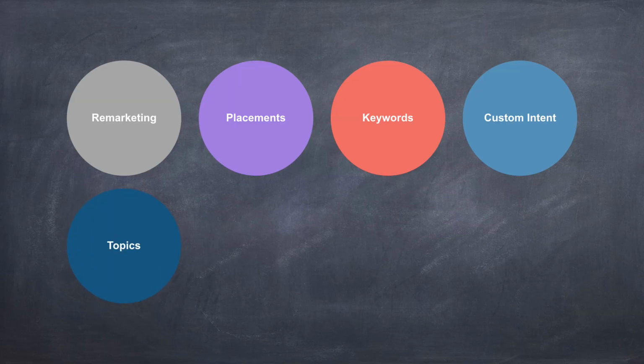Moving on, as we get bigger and bolder, we're moving into topic targeting now. Google assigns different categories of topics to loads and loads of different websites. It's all done in an automatic format, and there's hundreds, if not thousands, of topics that you can choose from potentially. But Google are doing exactly the same thing with all of the videos out there as well.